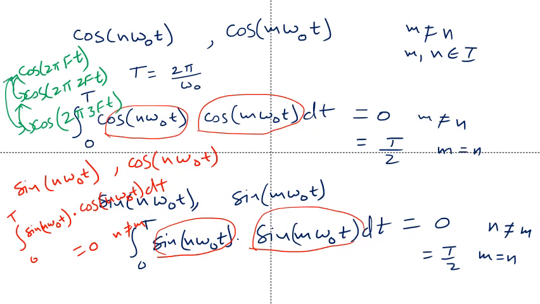So you have seen the condition: if two signals are orthogonal, their inner product should be 0. Now let me explain the trigonometric Fourier series.